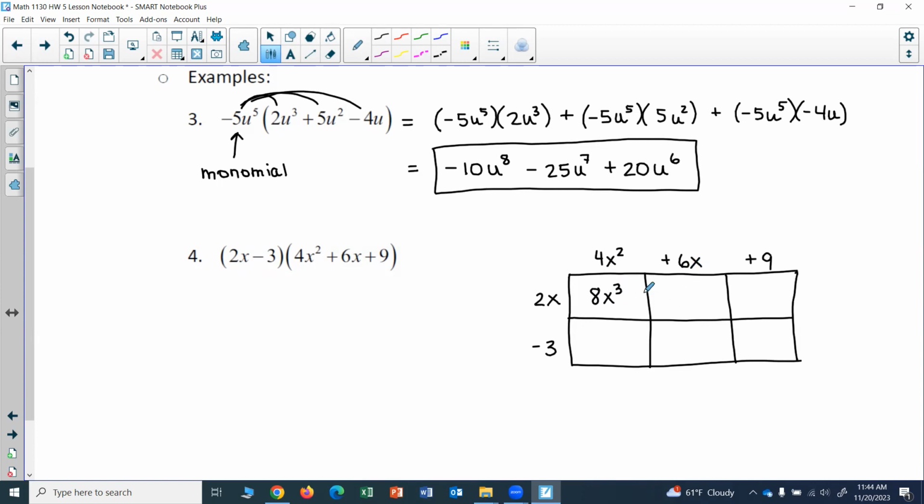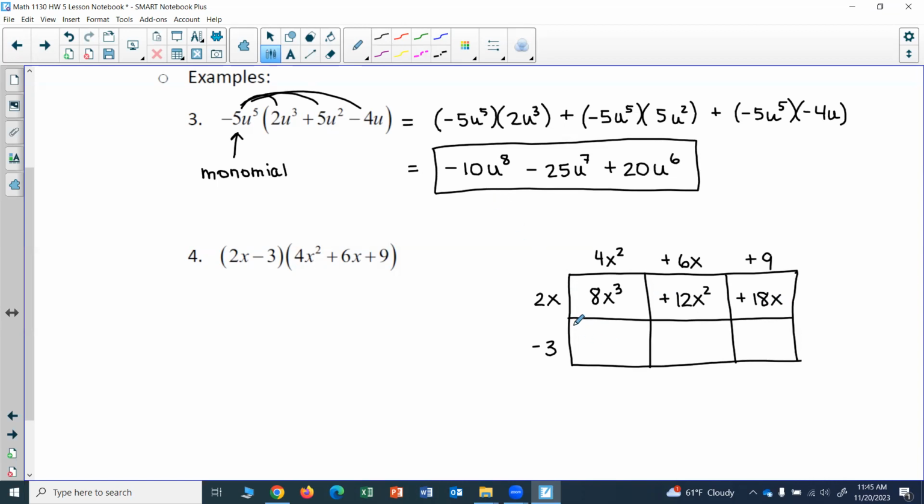So top row, second box, I have 2x times 6x. This would give me plus 12x squared, because x times x is x squared. And in the third box on the top row, I have 2x times 9. That would give me a plus 18x.